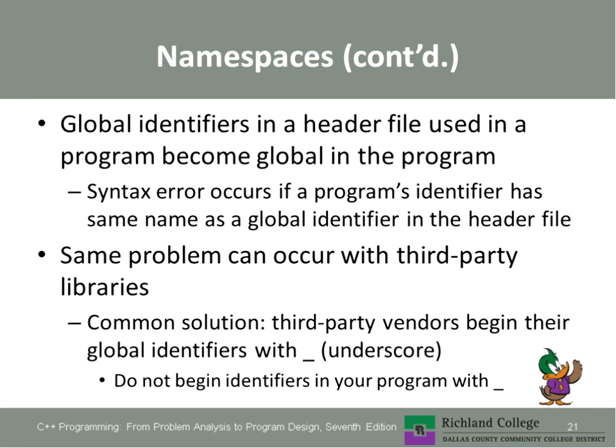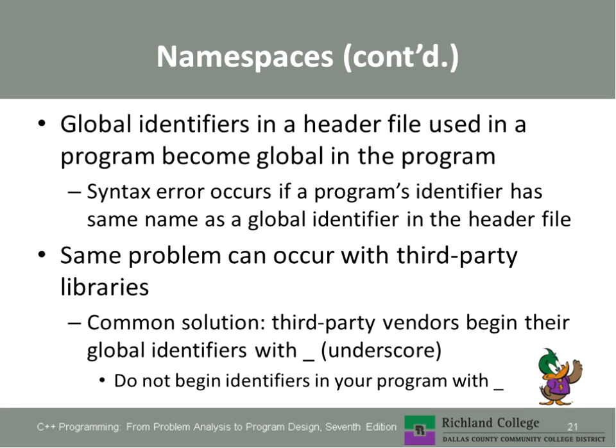So global identifiers in a header file used in a program become global in the program. So you can have a lot of header files that use, let's say, the identifier size. If you include all those header files into your program, how do you know which size you want to use? They're going to be conflicting with each other.